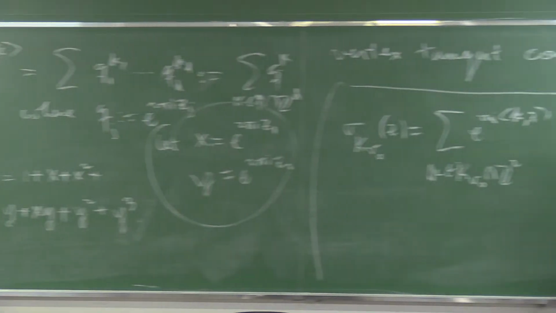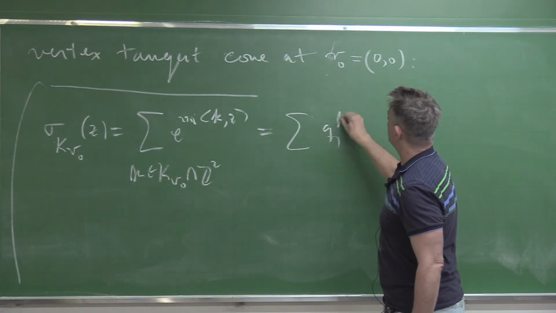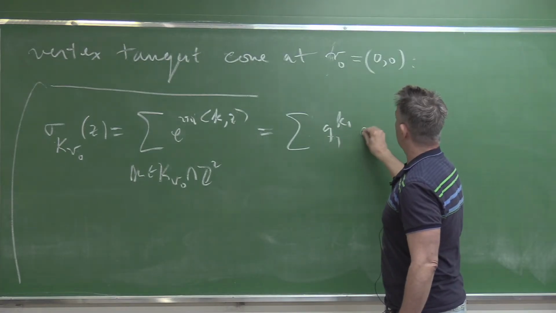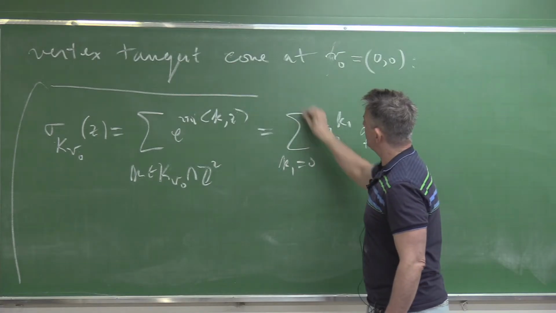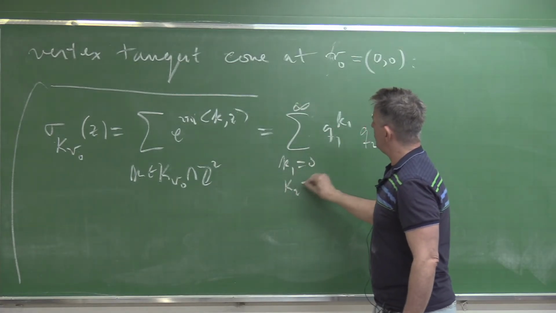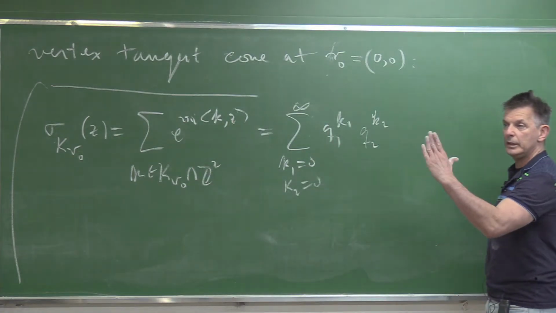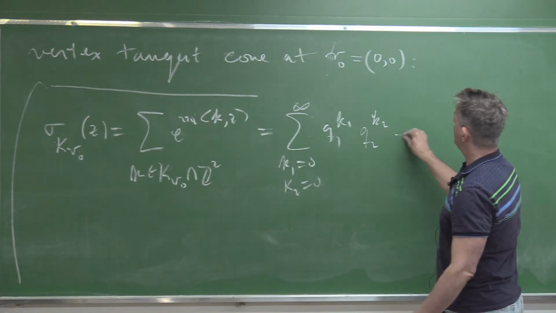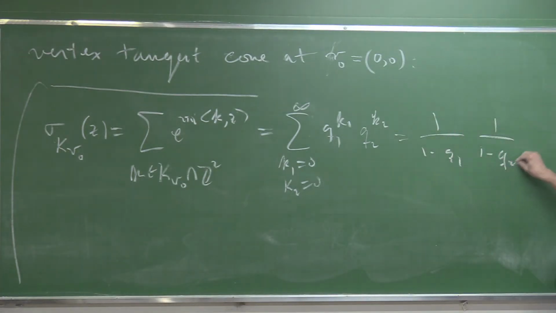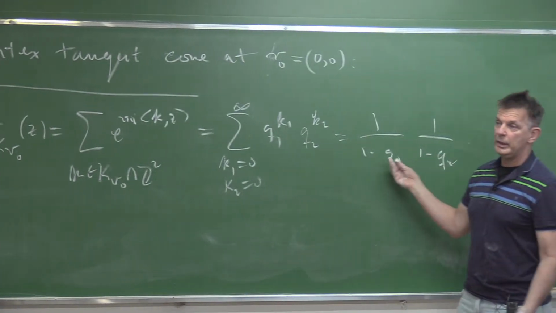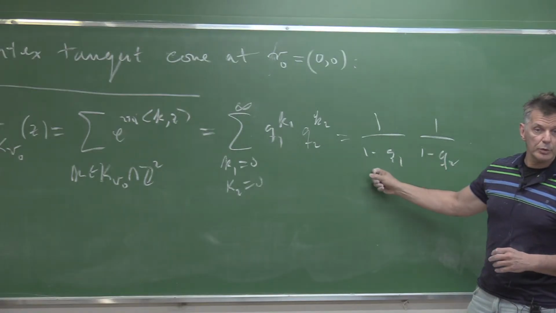So it's going to be the sum of Q1 to the K1, Q2 to the K2, K1 equals 0 to infinity, K2 also equals 0 to infinity, because this is the way you can parameterize the integer points in that right-angled cone. So this is 1 over 1 minus Q1, times 1 over 1 minus Q2. So easy, no big deal, but not very enlightening. You can write this as complex exponentials now as well, obviously.